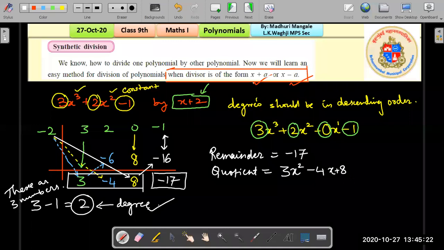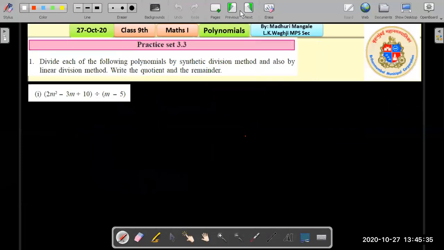So once you understand the logic, this is a very time saving method, and also the calculations are easy to do. Okay, let us look at the exercise now. Practice set 3.1, we will be doing a few questions. The question says divide each of the following polynomials by synthetic division method and also by linear division method.